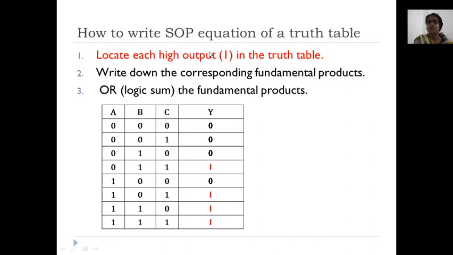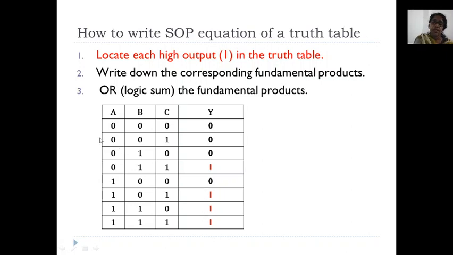Okay, so back to our discussion, how to write sum of product equation of a truth table. Every logic circuit has its own truth table. So different logic circuits have different truth tables. So first of all, we have a truth table. You could see that the first 3 entries are 0, the fourth one is 1, the next is 0, and all the others are 1.